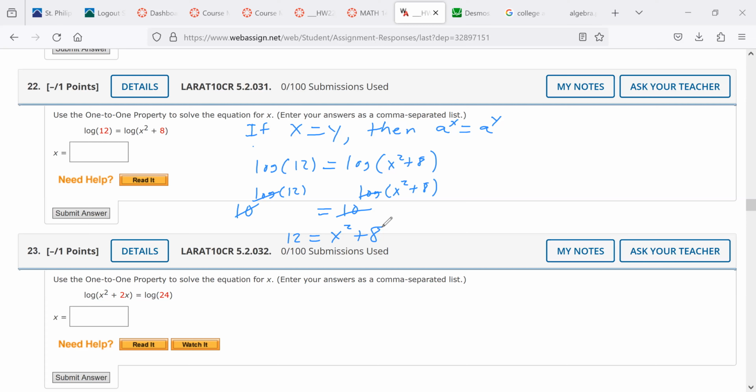Then I'll solve the quadratic. Running out of space here. Actually, subtract the 8, that would be 4. Square root both sides, you would get plus or minus 2. I skipped two minor steps. Let me know if you want to see them.